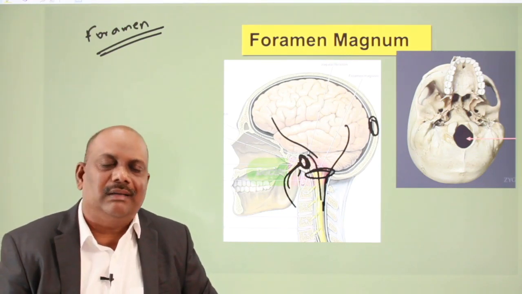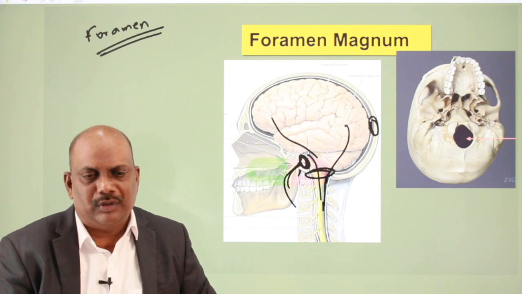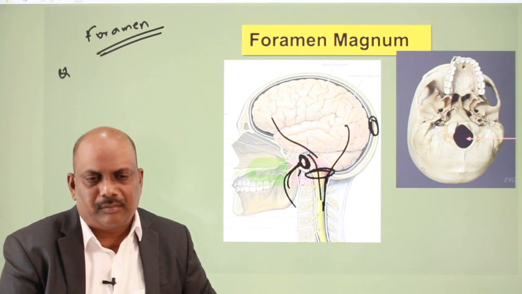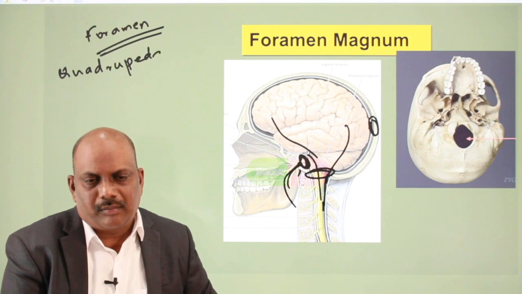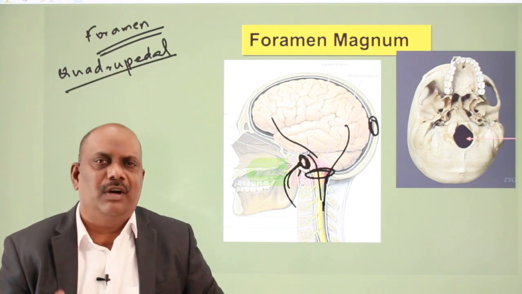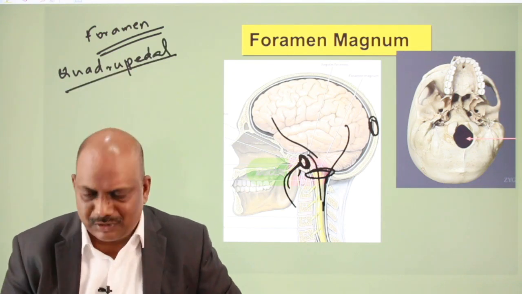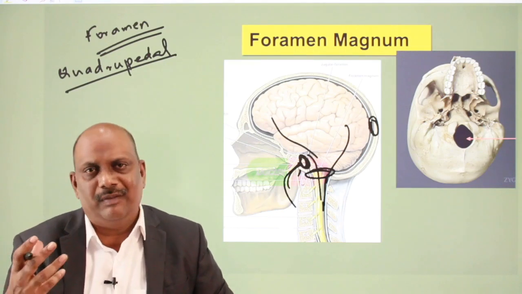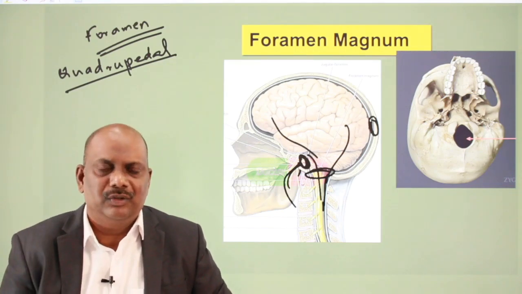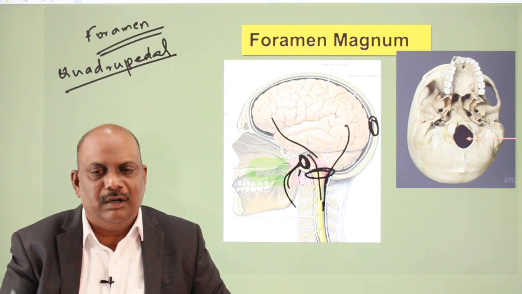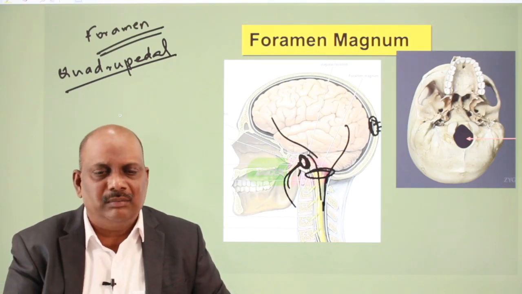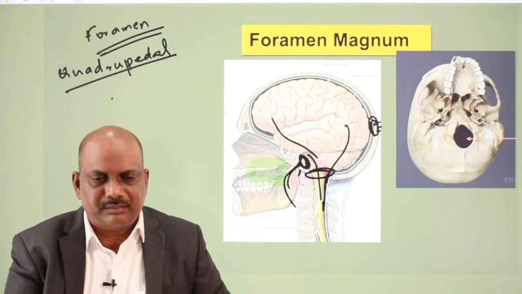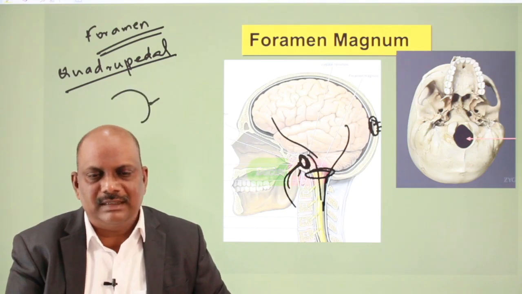When the animals had quadrupedal locomotion, that means walking using all four limbs, you can have a look at a dog if you have a pet at home. For them, for the face to get projected, the foramen magnum will be here. And the vertebral column will just have a single arch.